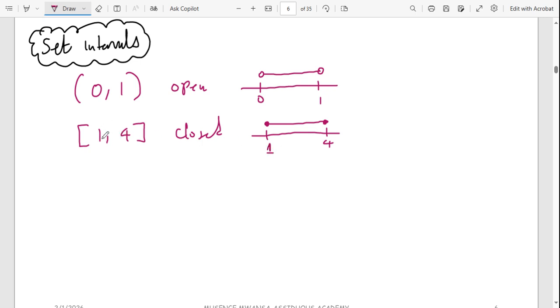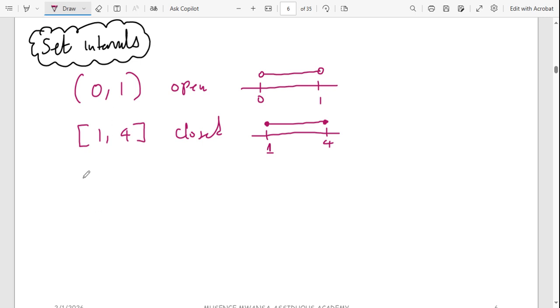For example, the second one, we're talking about all the numbers from 1 up to 4, including 1 and 4. That's the meaning of a closed interval. An open interval, we're talking about numbers from 0 up to 1, but we're not including 0 and 1. So for example, numbers between 0 and 1, we have got 0.5, 0.0005, 0.000001. In other words, when you're talking about intervals, it's not possible for you to list all the elements that you're talking about. All right, that is a set interval.